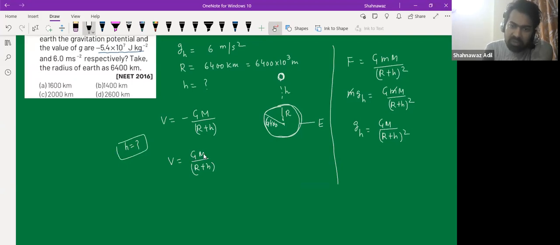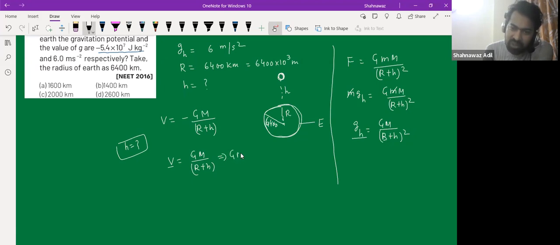So GM, we know the value of g, but we don't know the mass of the earth, so we will put it from here, because we know this thing and we know R. So let's calculate GM from here.